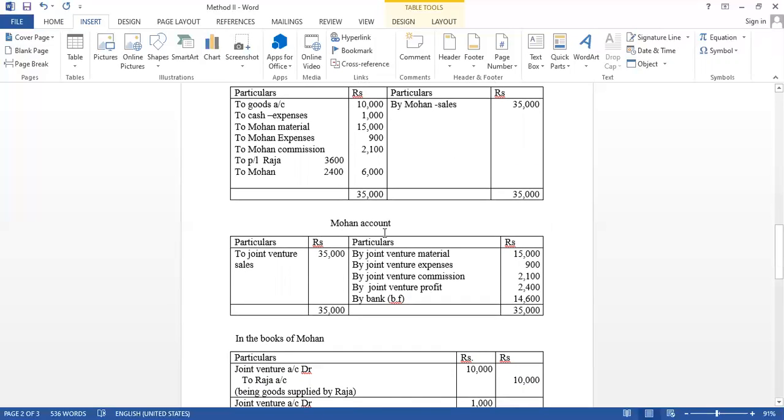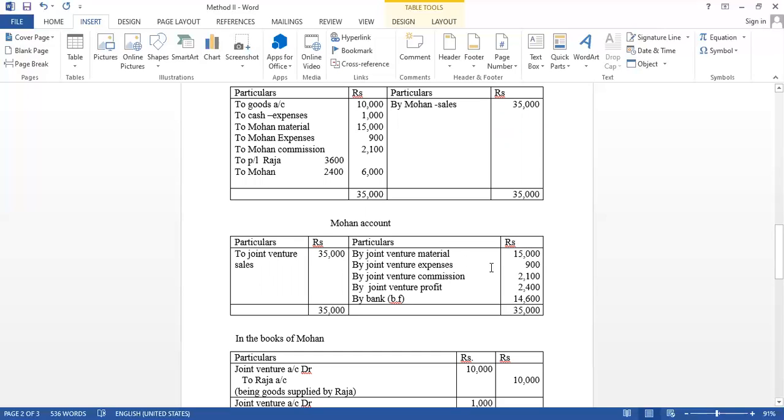Now prepare the Mohan account, because Mohan is the seller in the joint venture, because he sold all the goods for 35,000 rupees. So how much sales did he get? Joint venture sales is 35,000. How much did he contribute? Mohan contributed 15,000.